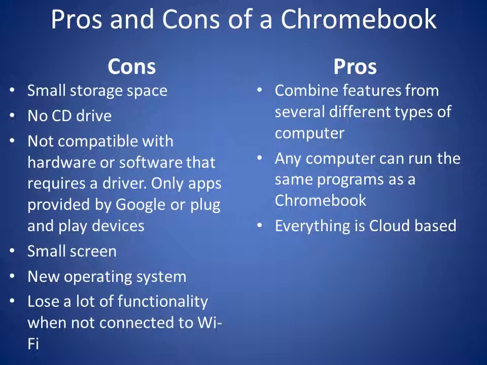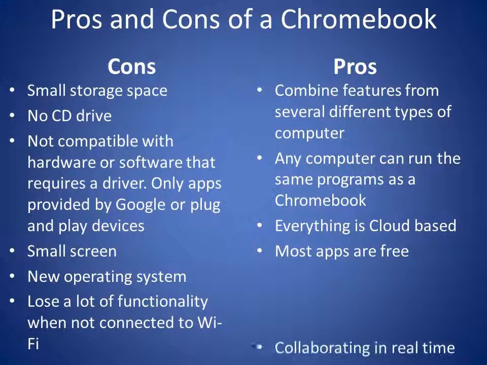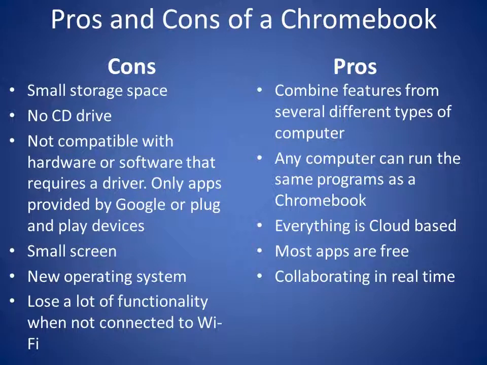Like I mentioned before, almost everything is cloud-based. This means you can access your work from any device. The majority of Google apps are free, and the cost of the device itself is usually less expensive than laptops or tablets, which makes it appealing to schools who need to buy them in mass quantity.